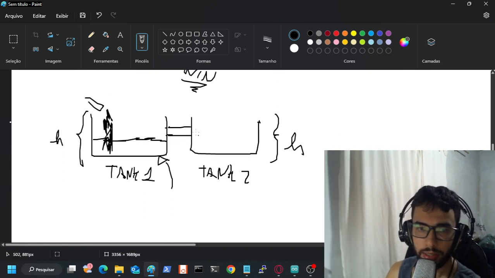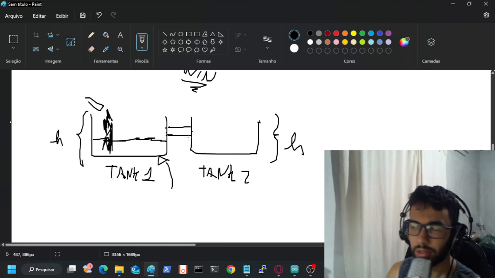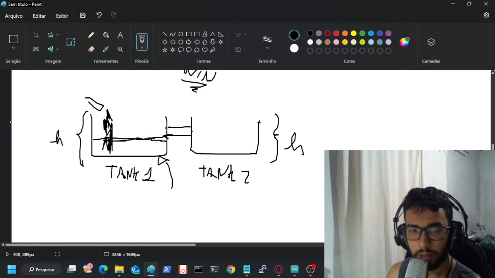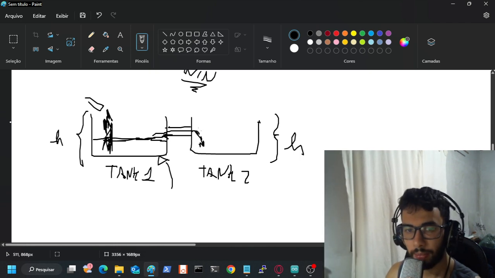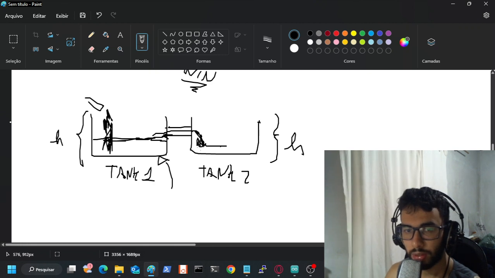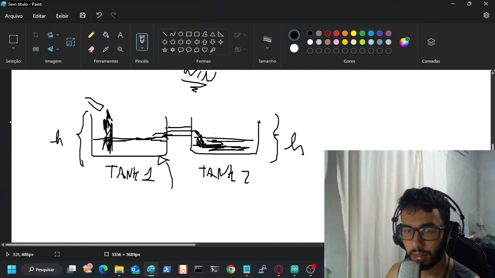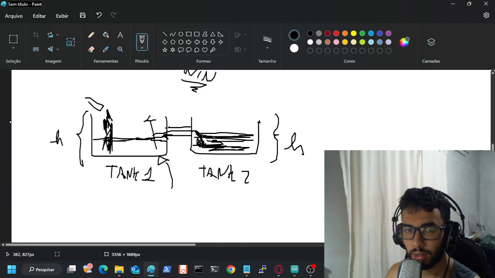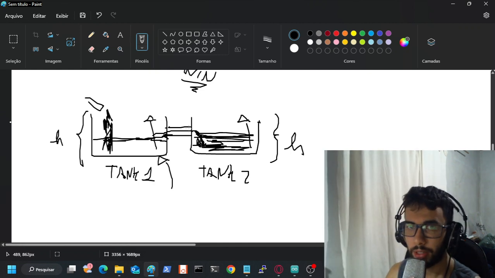Because we are connecting at the same, we can call it a breakpoint here, because water will flow until this mark here, and then it starts to flow to this tank here. So when water reaches this point, it will start to fill tank 2 until it gets to the same mark here. So then it will start to fill at the same time. Can you understand it?